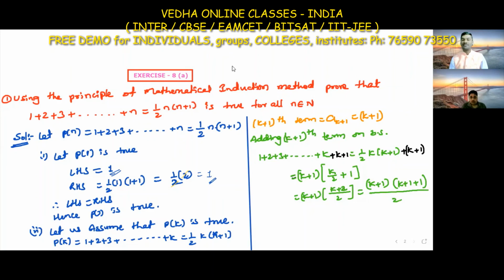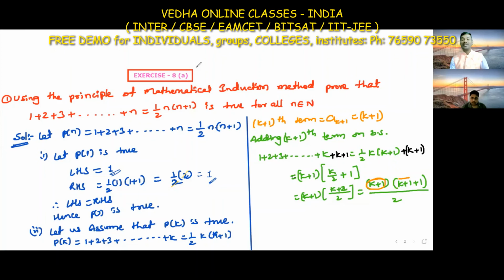Observe carefully: in place of n, do we have k plus 1 or not? Here 1 by 2 means whole divided by 2. This is n, and n means k plus 1. So k plus 1 into k plus 1 plus 1 means n into n plus 1 whole divided by 2, or into 1 by 2, both are the same.